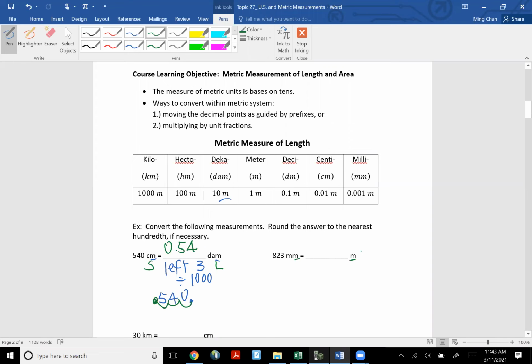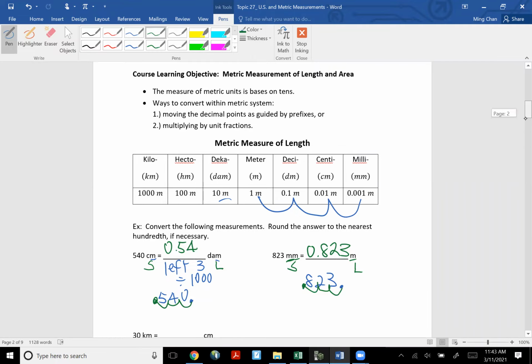Milli is right here at the very end. Milli to meter, that's 1, 2, 3 places to the left again. So for my 823 millimeters, the decimal is behind it, moving 3 places to the left. Put the decimal in front of the 8. My answer, 0.823 meters. So again, milli is small, meter is a larger unit. Whenever we convert from a small to a large unit, you need a small number as compared to what you're starting with.